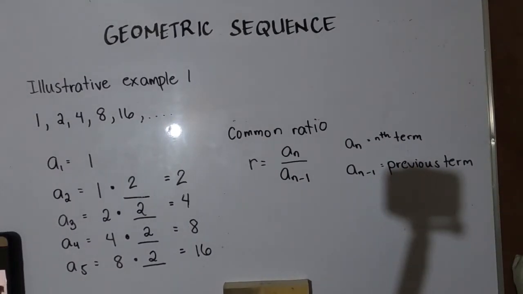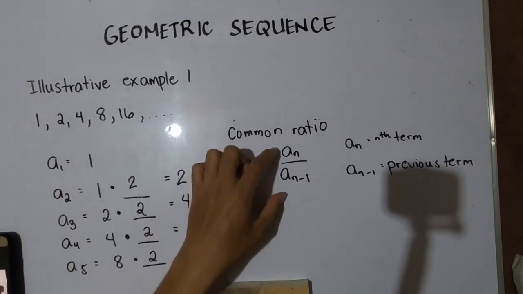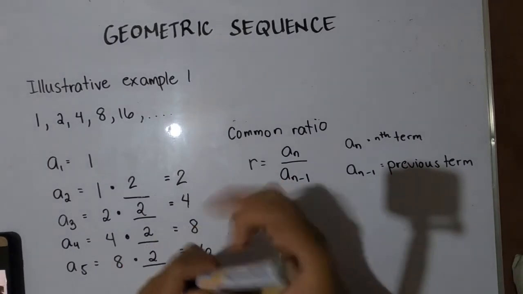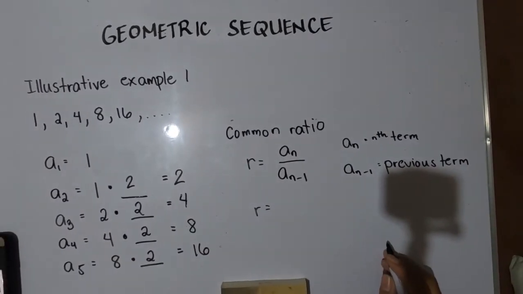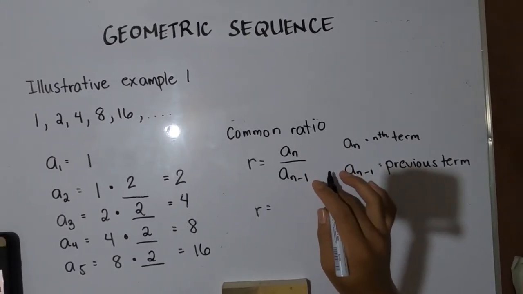To show that the ratio in this sequence remains constant through this formula, let's try substituting some of its values. Common ratio is equal to a sub n over a sub n minus 1.